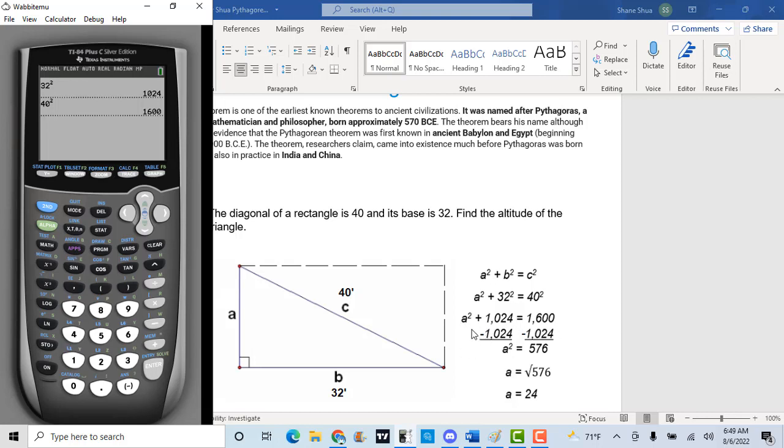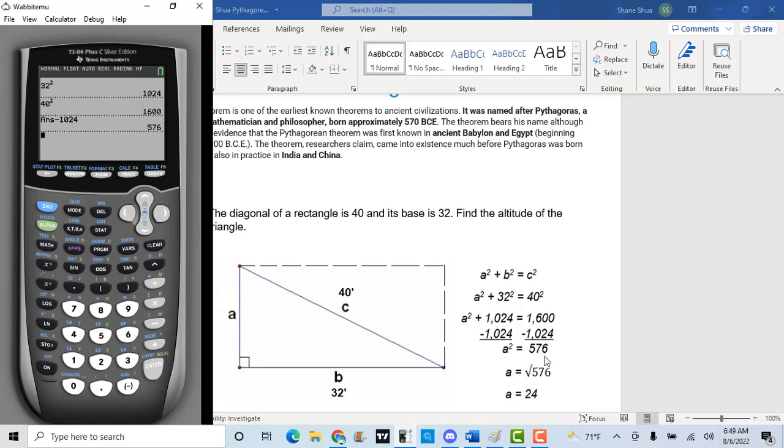Now we want to find out what the a is. So we're going to subtract 1,024 on each side here. So 1,600 minus 1,024 gives us 576. So we bring down the a here. A squared equals 576. Now this is what the a squared is. We want to find out what a is by itself, not squared.